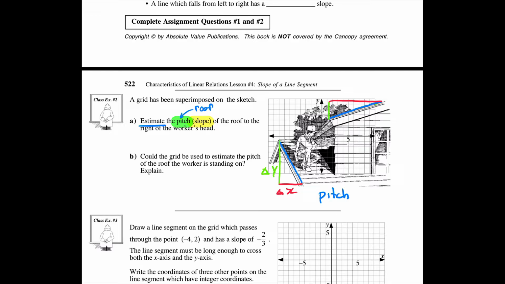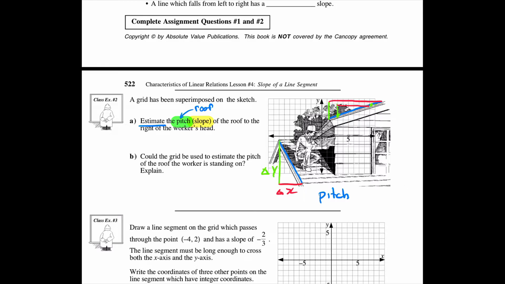So you would just do the best you can to find a couple points that are sort of lined up on there, and again go up and over to those points and count the number of units of change in the y direction over the number of units of change in the x direction.